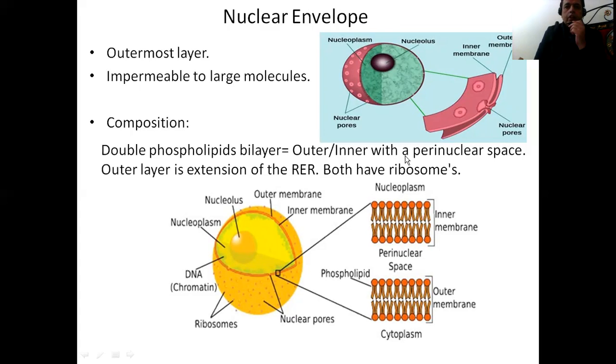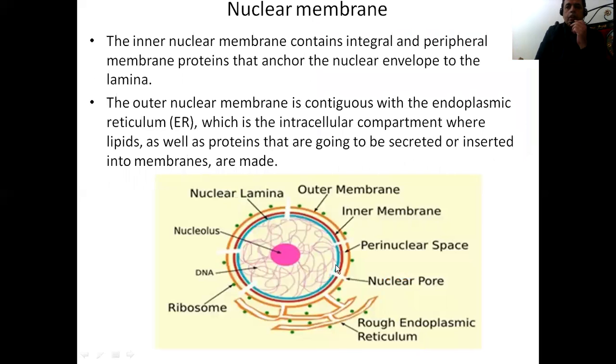And of this double membrane, the outer membrane is an extension of the rough endoplasmic reticulum. All the membranes inside the cell are essentially phospholipid membranes, and this is also the case with the endoplasmic reticulum. So the rough endoplasmic reticulum extends to make this outer layer, or outer membrane, of the nucleus.